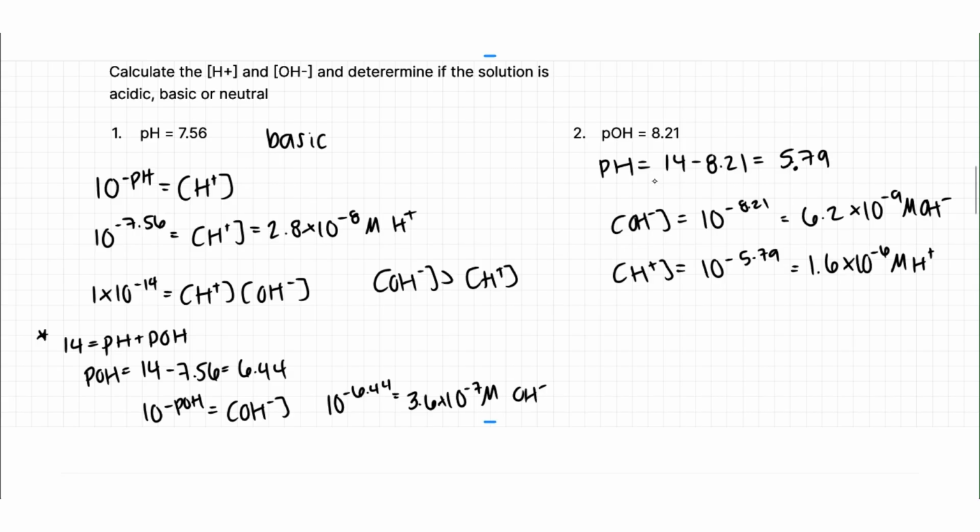From the pH that we found of 5.79, the solution will be acidic. Or we can look at the concentrations for both H plus and OH minus. Because our value for the concentration of H plus is larger than the concentration of OH minus, this will also tell us that the solution is acidic.